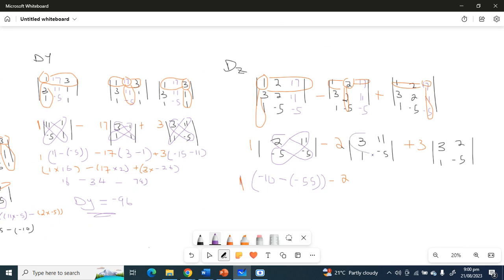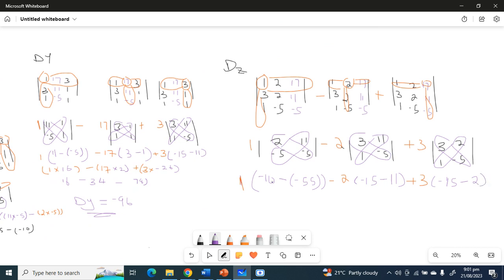Leading diagonal 3 times negative 5, that's negative 15, minus 11 times 1, that's 11, three times negative 5, that's negative 15, minus 2 times 1, that is 2.